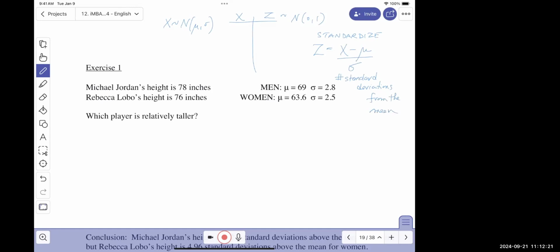So what we're going to do is convert Michael Jordan's height into standard deviations from the mean of men. So it's 78 minus 69 over 2.8. And we're going to do the same for Rebecca Lobo.